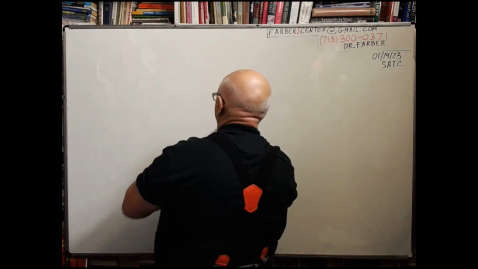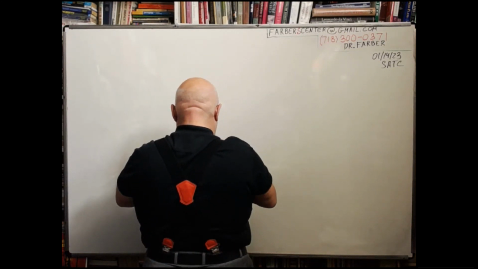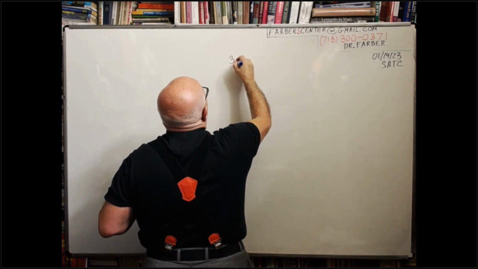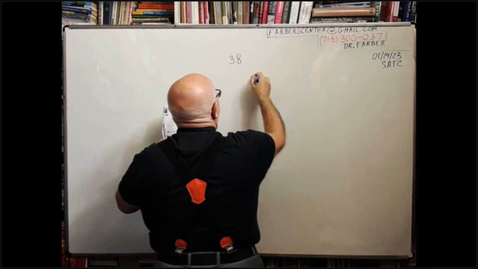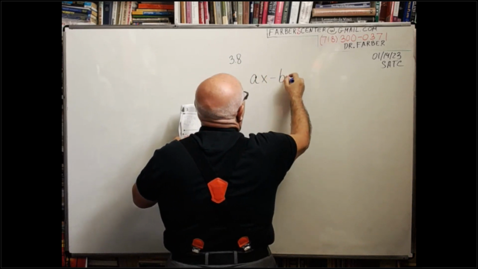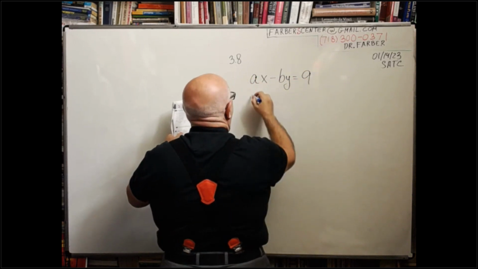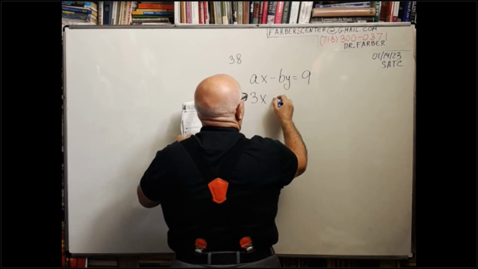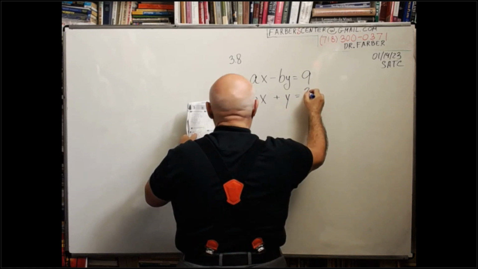In 3.8, we have AX minus BY equals 9, and 3x plus y equals 3.